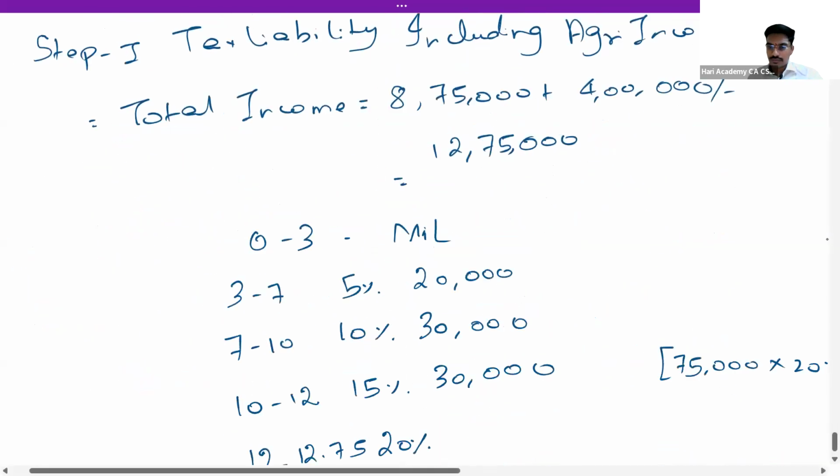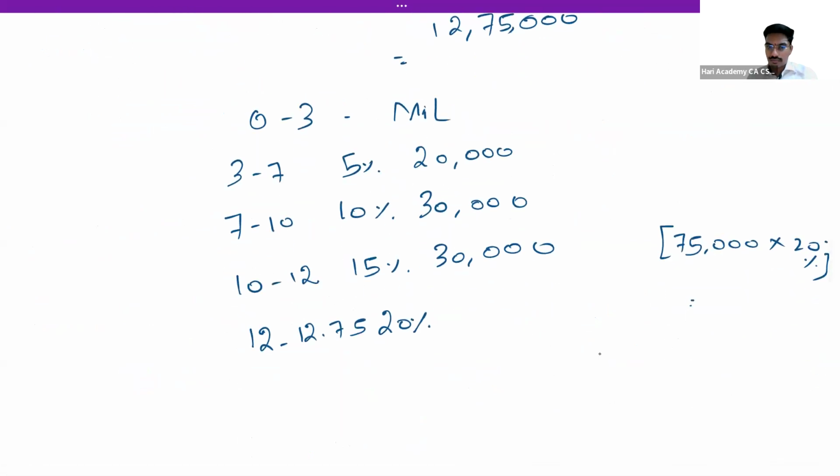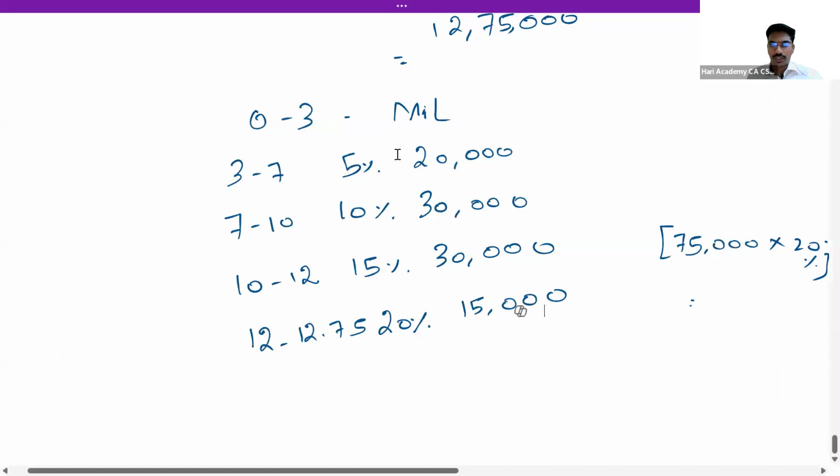It is going to be somewhere around 15,000, I guess. 10% is 7,500, so 15,000. Is it 15,000 or 1,500? If it is 10%, 7,500, so 15,000. Hope my computation is right. Let me just check my computation alone. Just give me a minute.